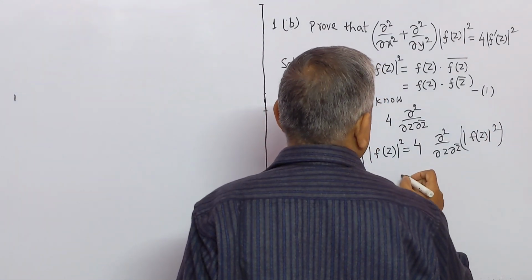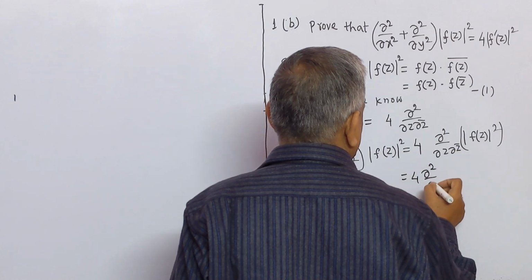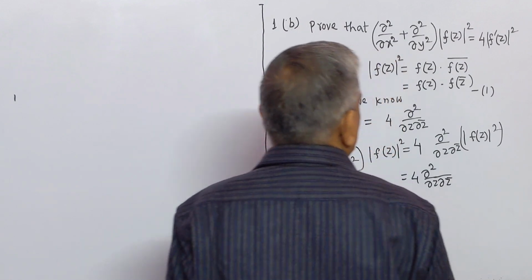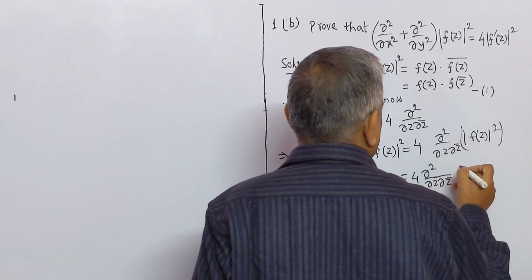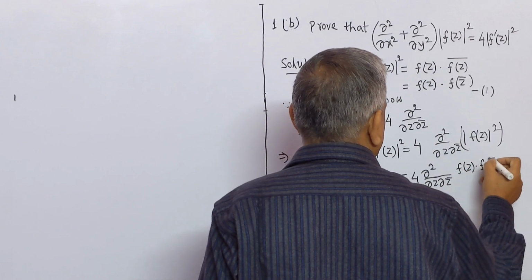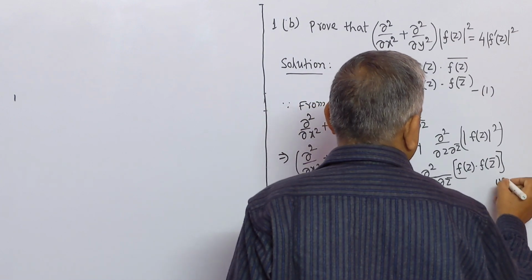and this equal to 4 del 2 by del z del z bar, using 1, f z multiply f z bar.